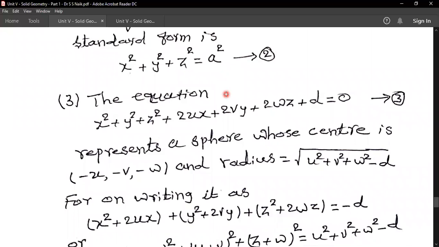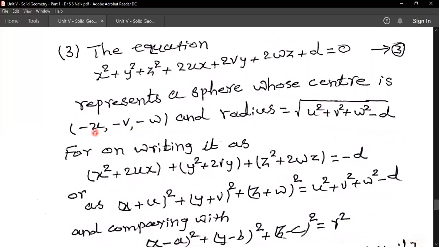Then we'll see the general equation. The equation x square plus y square plus z square plus 2ux plus 2vy plus 2wz plus d is equal to 0 represents the general equation of a sphere whose center is at (minus u, minus v, minus w) and radius is equal to the square root of u square plus v square plus w square minus d.